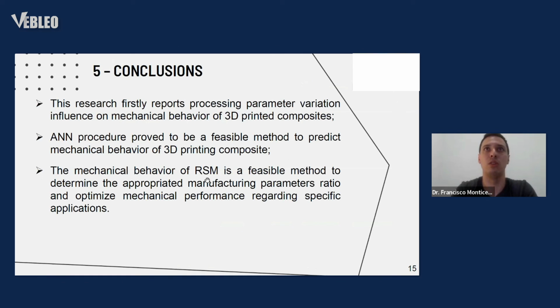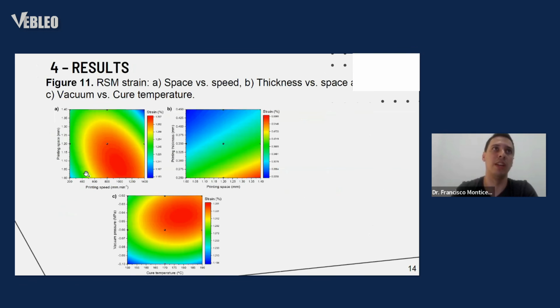And RSM is a feasible method to determine the optimal mechanical performance regarding the specific application. In other words, you can choose the parameter levels and find your mechanical behavior, deformation, or strength, just using this information that we provide.